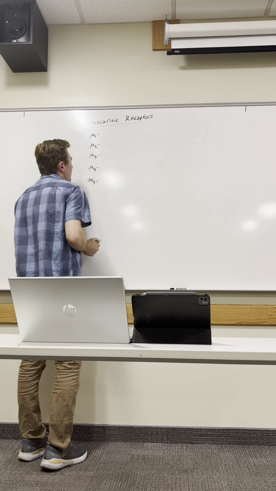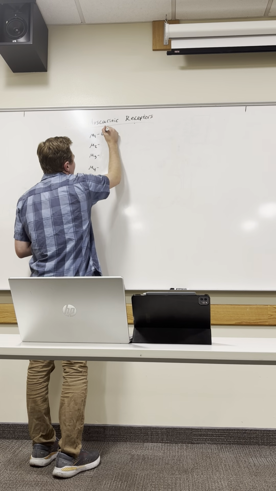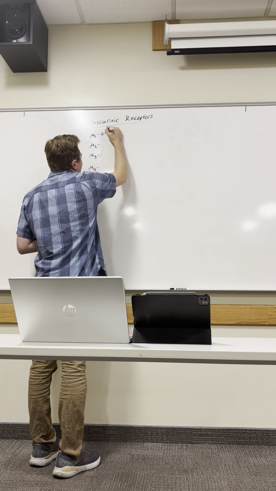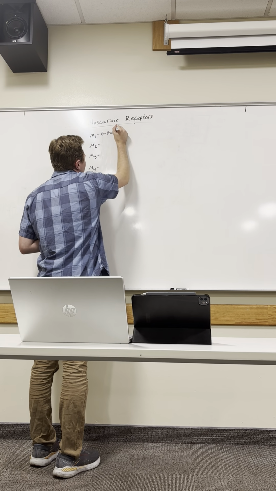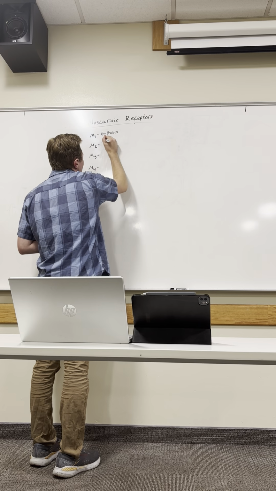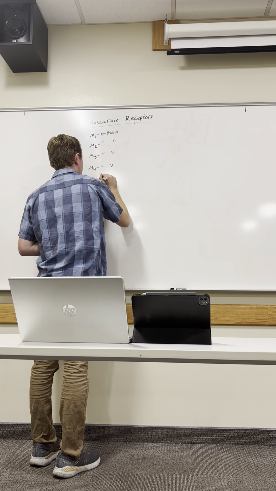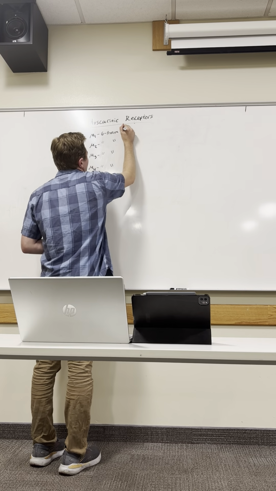Let's talk about these. In each of these cases, the very first thing that happens when these receptors are hit is G proteins are affected. Once we affect our G protein, that's the first step in each of these, right? We're going to elicit a response.